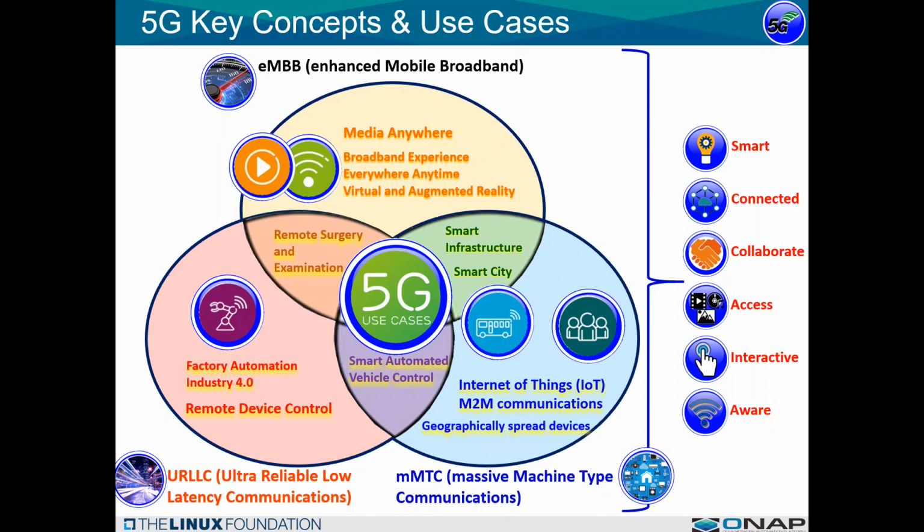And then URLLC facilitating Industry 4.0 with remote device control, and things will be smarter, connected, able to collaborate, greater access with higher speeds, and things will be much more interactive and more aware of their surroundings than they are currently.